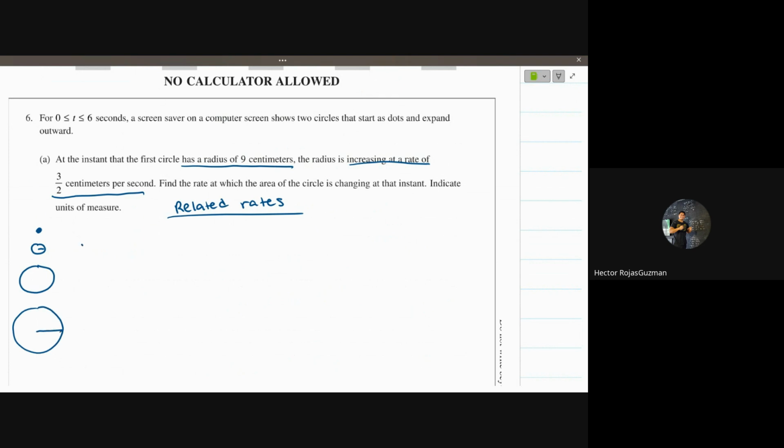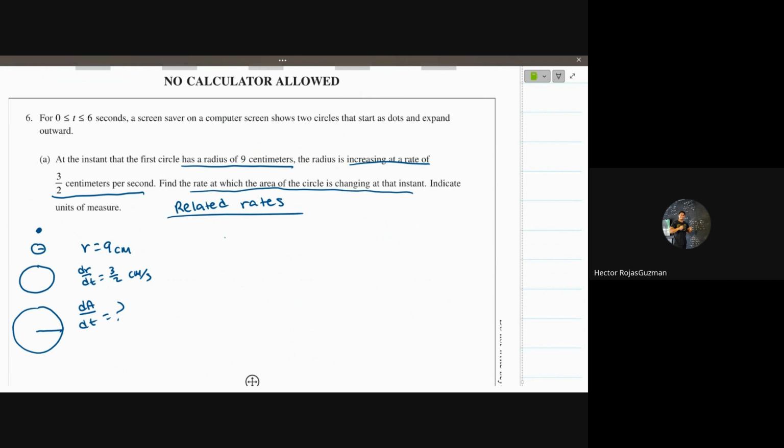So we know at the instant the radius is 9 centimeters. The radius is increasing at a rate of 3/2 centimeters per second. And we want to find the rate at which the area is increasing.